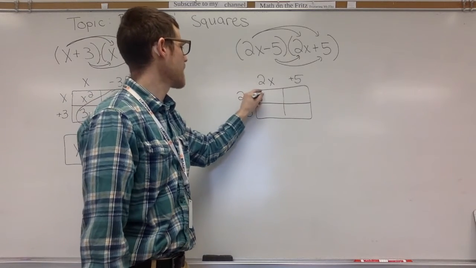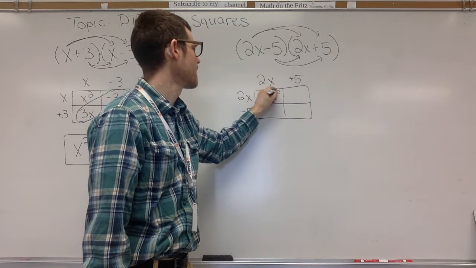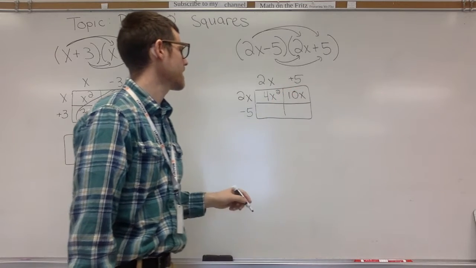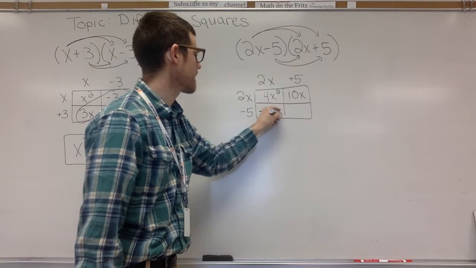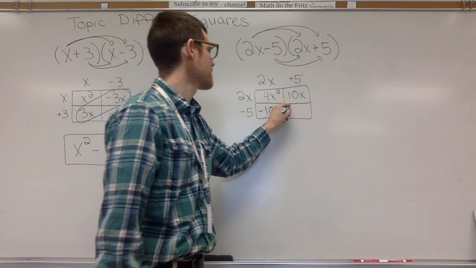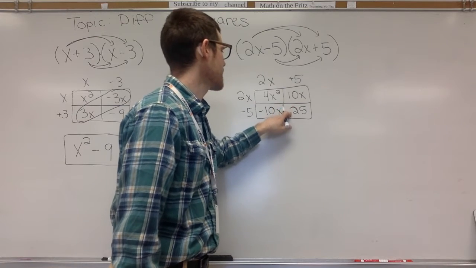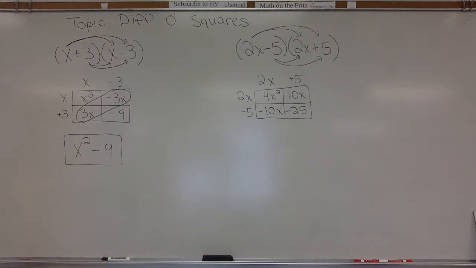Now I've got 2 times 2 is 4. Add the exponents. 2 times 5 is 10. The x is still there. Negative 5 times 2x is negative 10x. Negative 5 times 5 is 25. Oh, I almost made a mistake. Got to be careful with those signs.